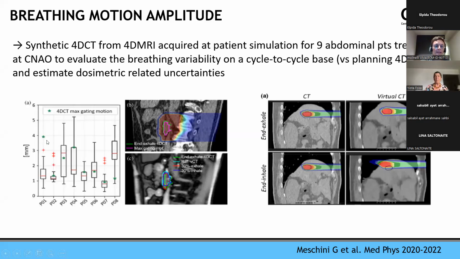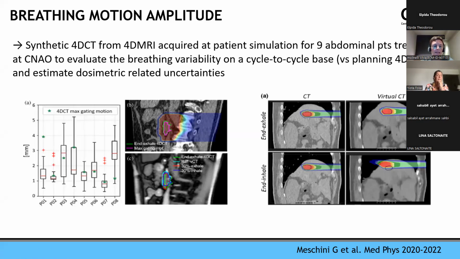The green is the gating window estimated from the CT scan, while here you have the organ motion estimated by the MRI. Again, having several cycles, you have a median and interquartile variation and extremes of the target motion.